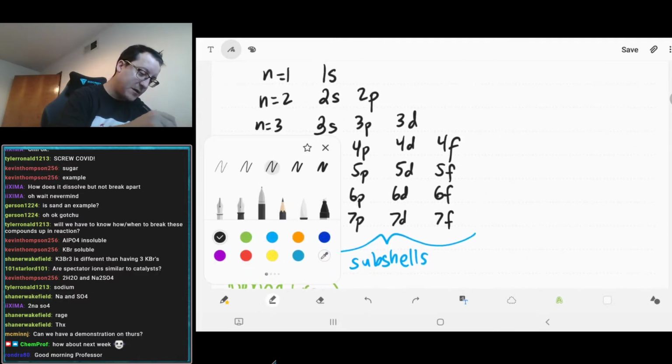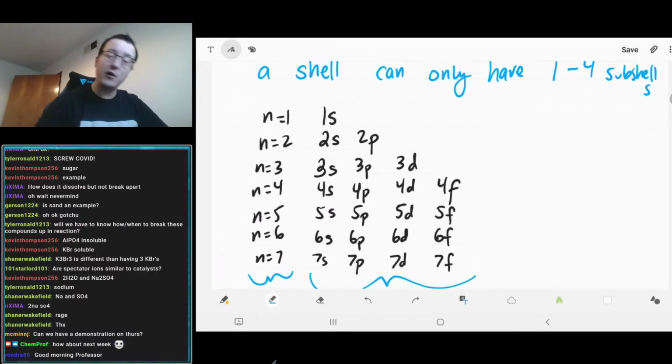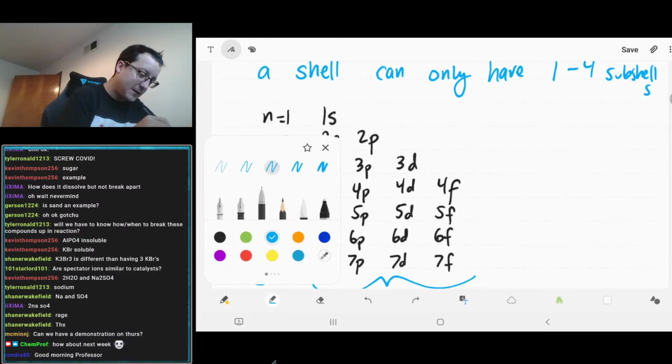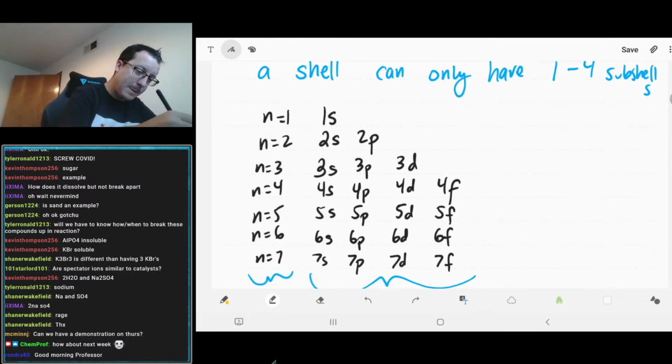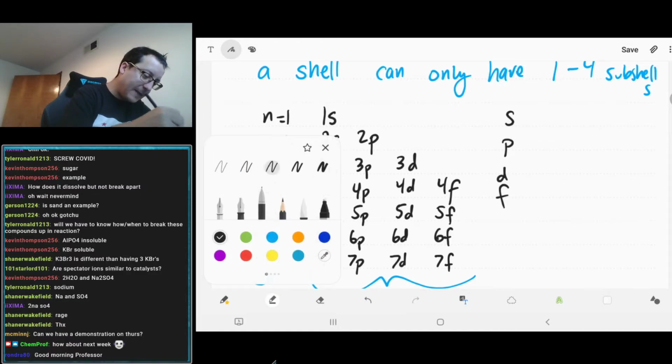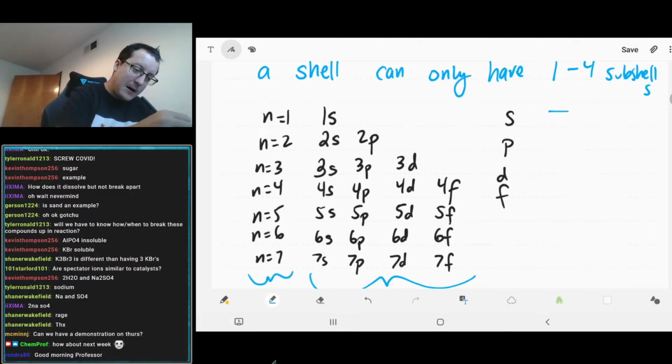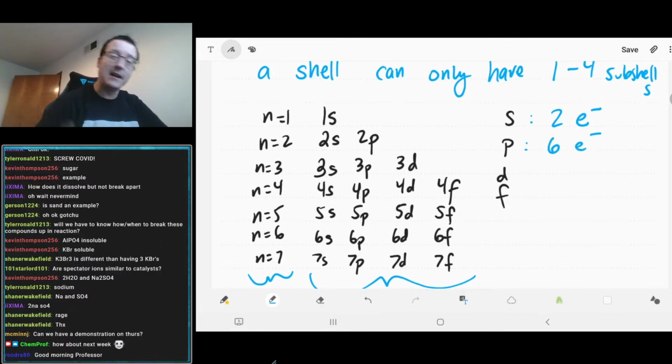And we also know a few more properties about these. We know that the maximum capacity of an S subshell is 2 electrons. A P subshell can hold 6 electrons.